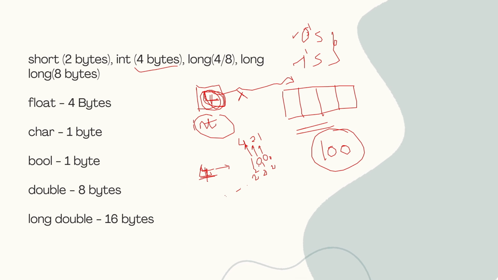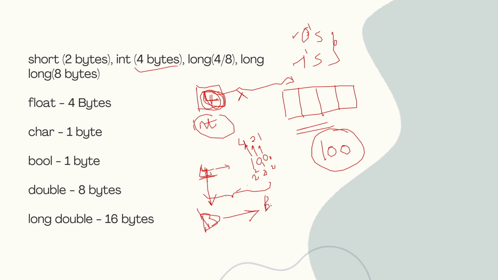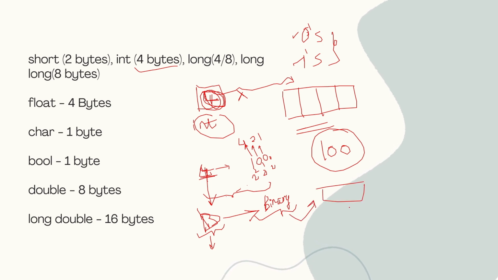And I think you have some basic idea about binary representations and decimal representations. Generally what we have done here is we converted a decimal number into a binary number. A decimal number is basically the thing that you understand, but a binary number is basically what the computer will understand, right?